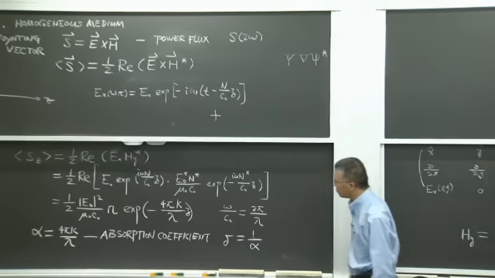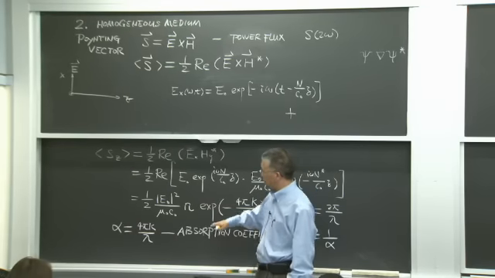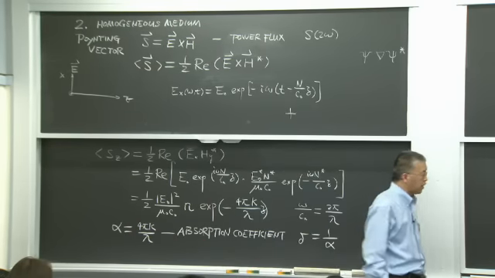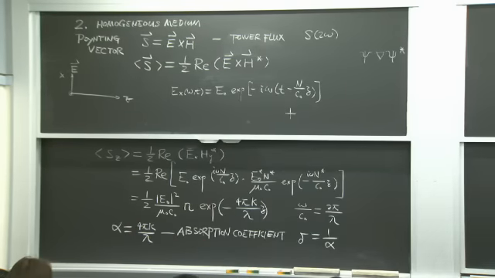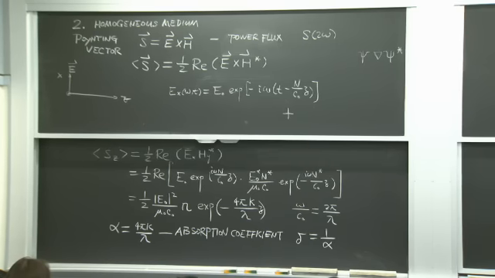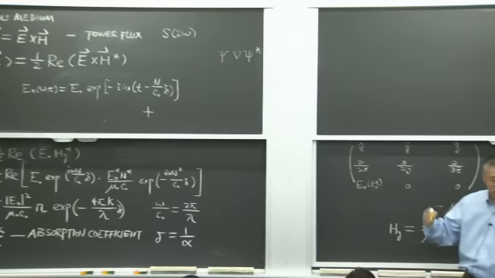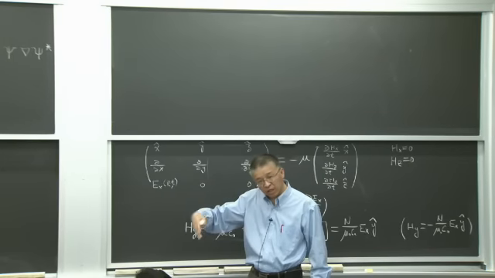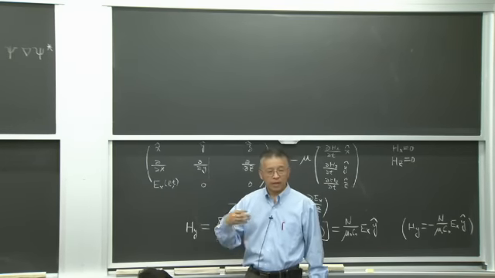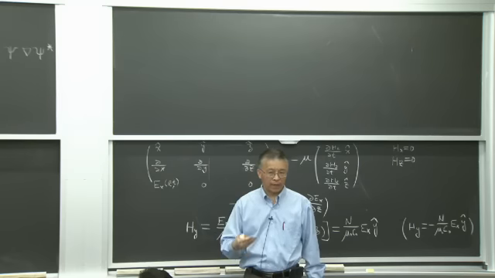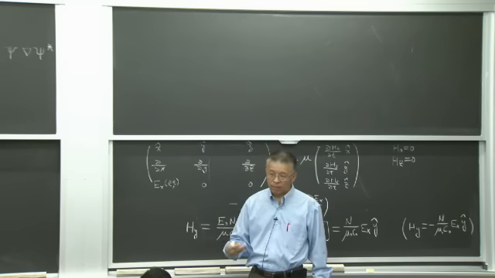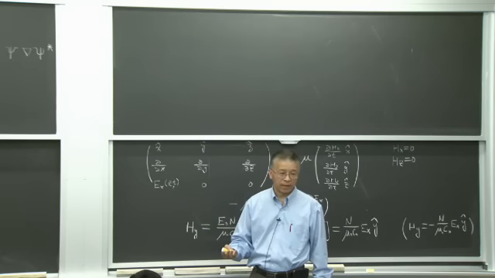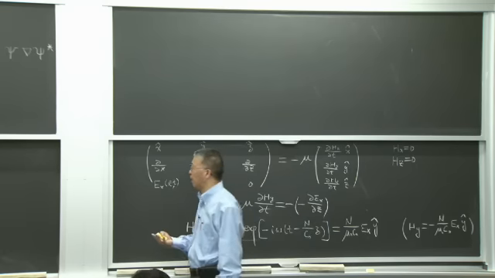So what do we learn here? When an electromagnetic field propagates in a lossy medium, where kappa is not 0, the field decays exponentially, and the electromagnetic wave is absorbed by the medium, right?